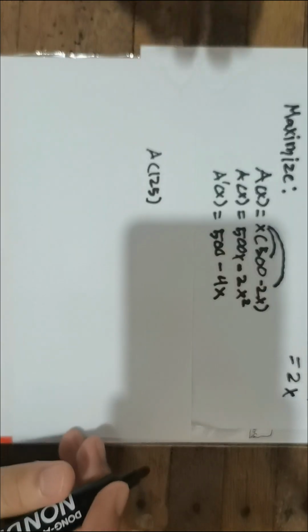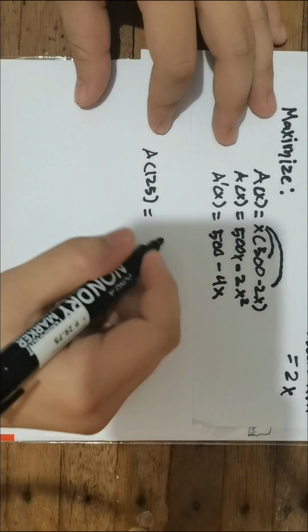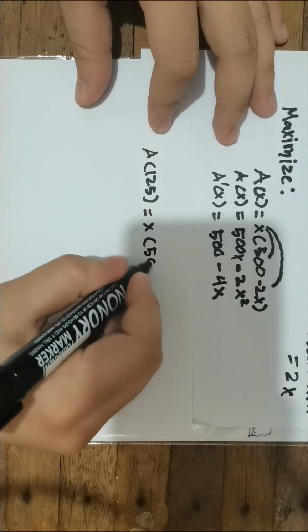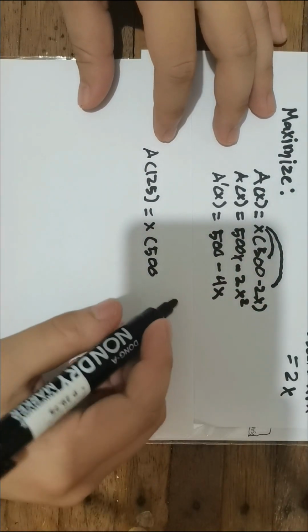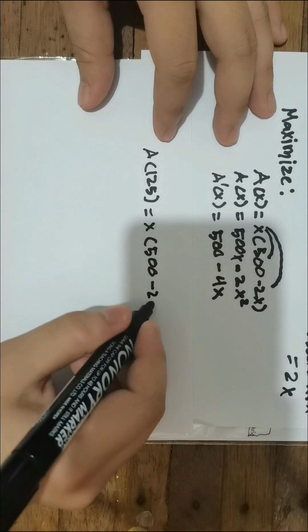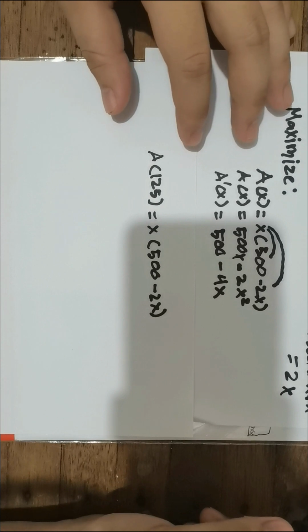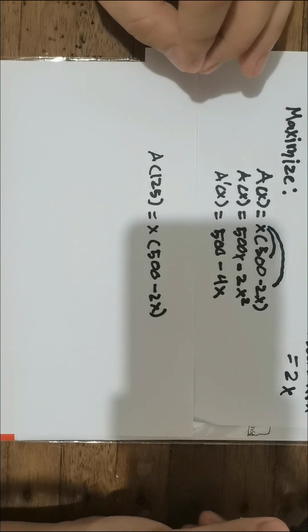First, let's write the given: A of x is equal to x times 500 minus 2x, because it is length times width. Now let's change the x into 125.